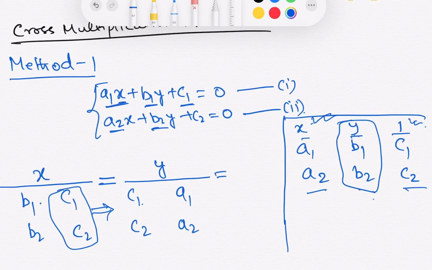Now after that you calculate the constant part. By the rule, for the constant part you write 1, and then divided by. In this portion, first you copy the last portion here, a1 and a2.